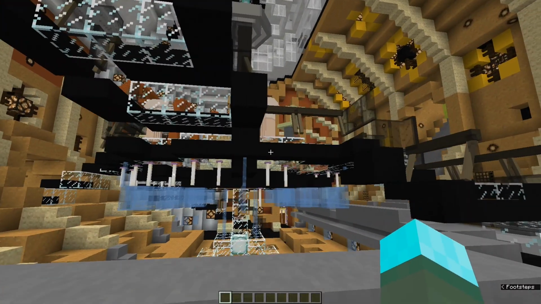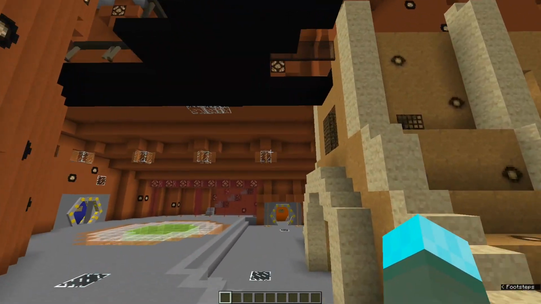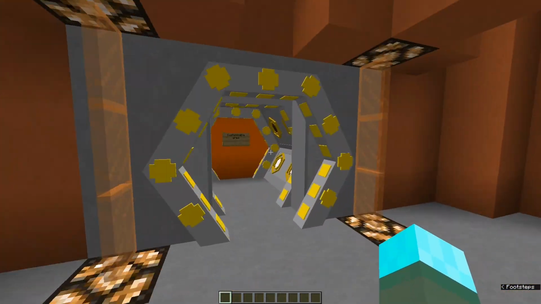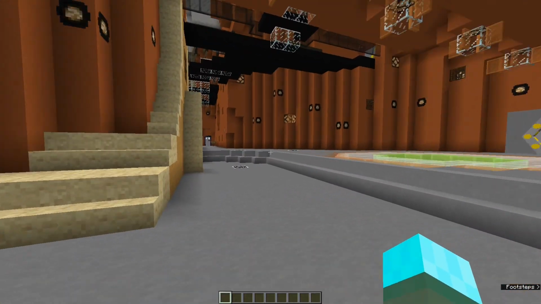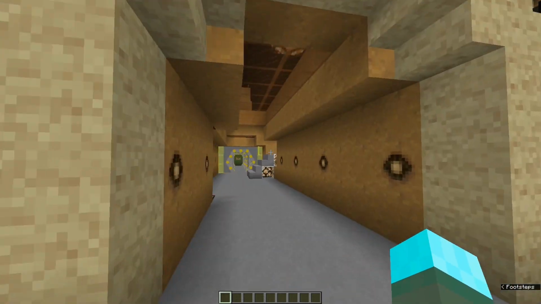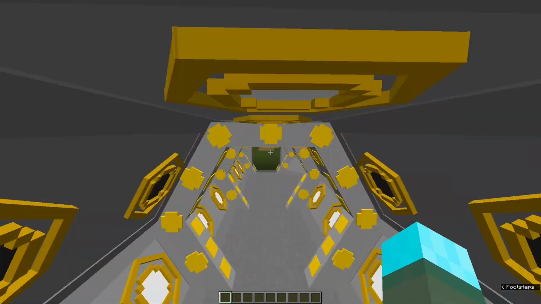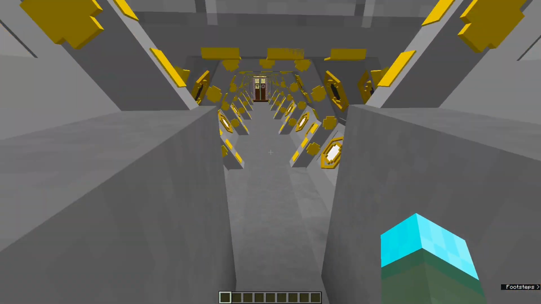But it's just massive. It also has these, I don't know what to call them, models, just to give you a scale of how big this place actually is.